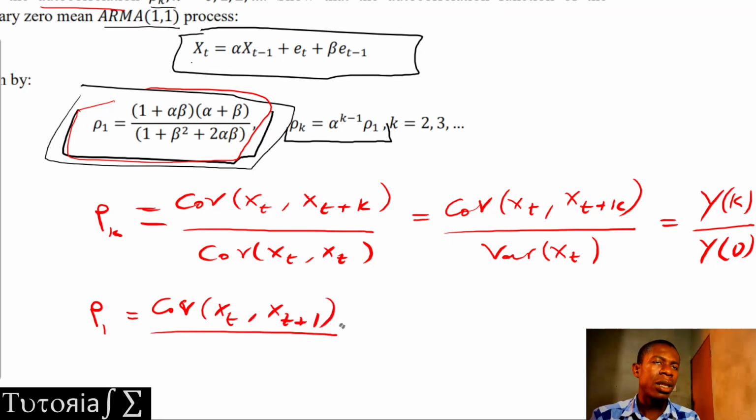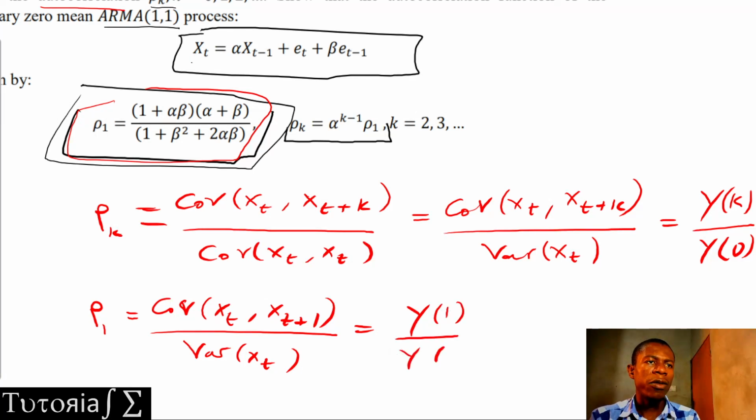The variance is constant, so this is basically gamma 1 over gamma 0. If we can find gamma 1 divided by gamma 0, it will give us this right here.